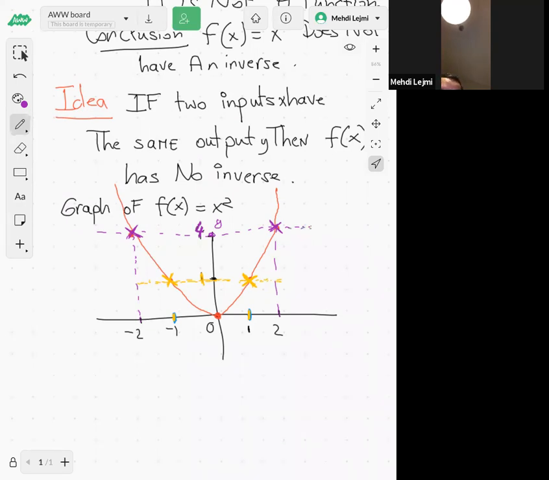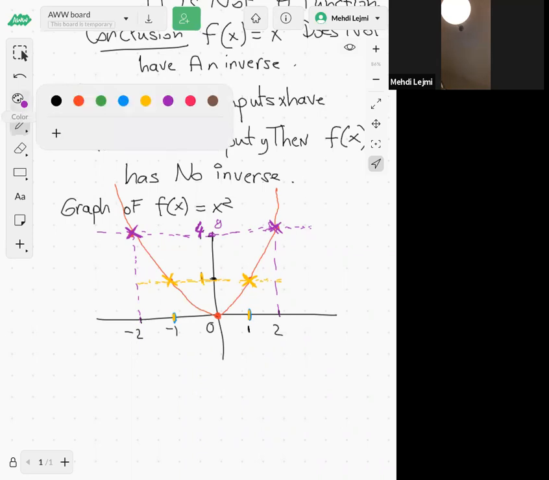Because my horizontal line intersects the graph at 2 points here, it means that 4 has two inputs, the 2 and -2. And that's why this function f of x squared doesn't have an inverse.